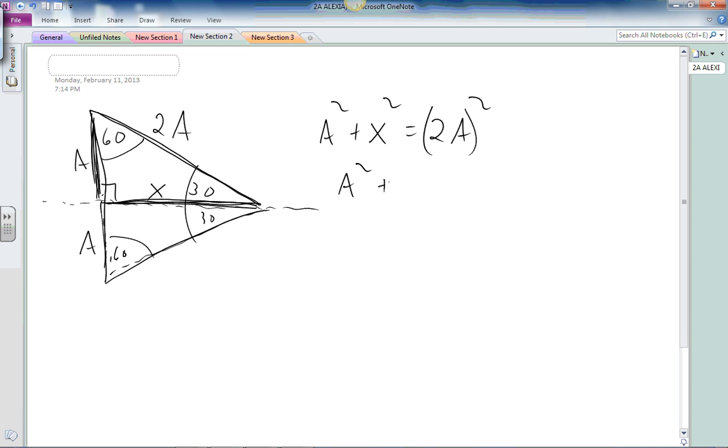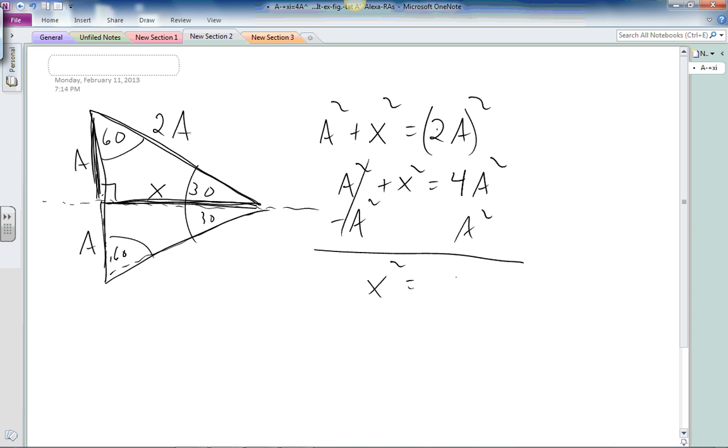A squared plus x squared is equal to 4a squared. The 2 gets squared, the a gets squared. So I can now subtract a squared off of both sides of the equation, and I end up getting that x squared is equal to 3a squared.